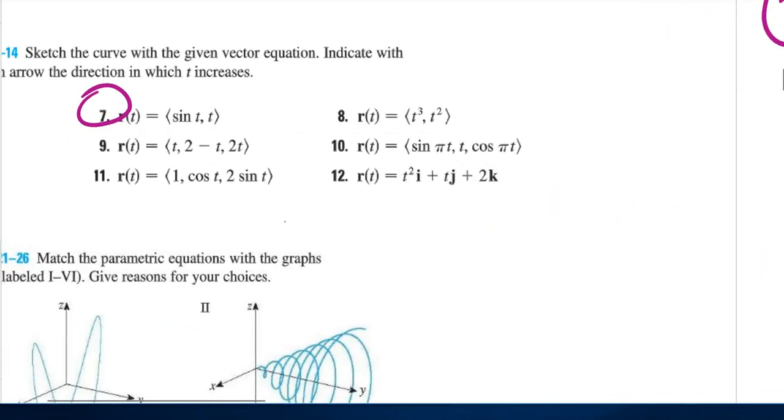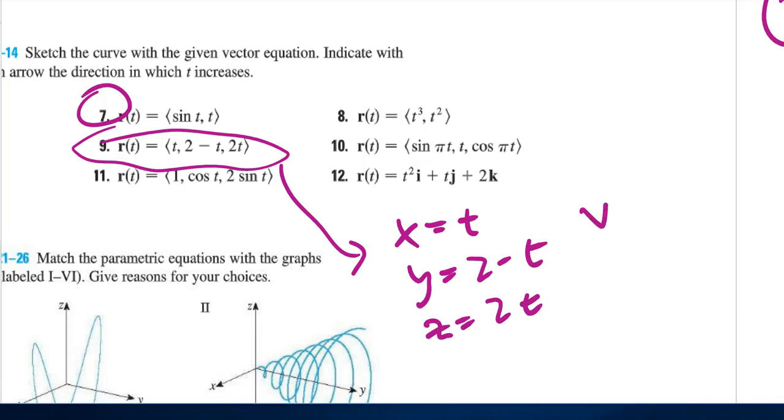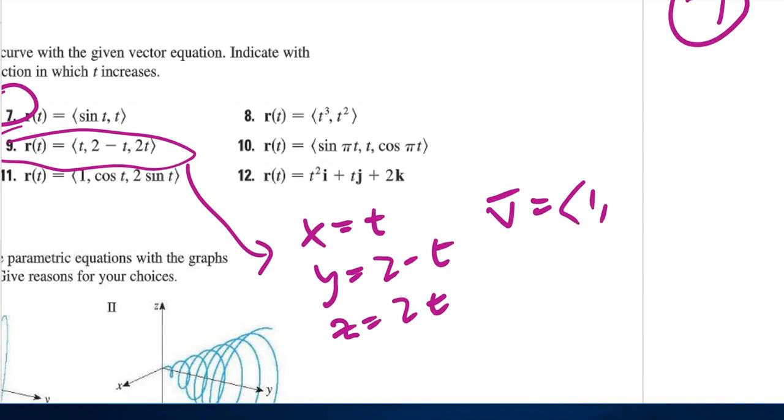If you look here, number 9, this is just a line. We had that x is t, y is 2 minus t, and z is 2t. So you had a vector that was parallel to the line, which was the coefficients of t.